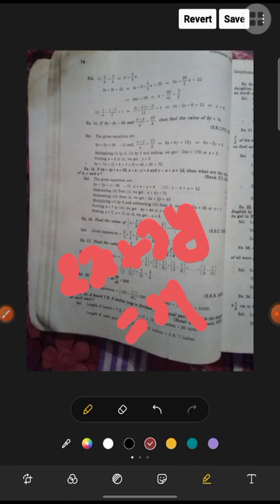So we are multiplying 8x minus 5y by 3, and 2x plus 3y equals 34 by 5. So 5 twos are 10, 5 threes are 15, equals 34 into 5, and 8 into 3 is 24 and 5 into 3 is 15.